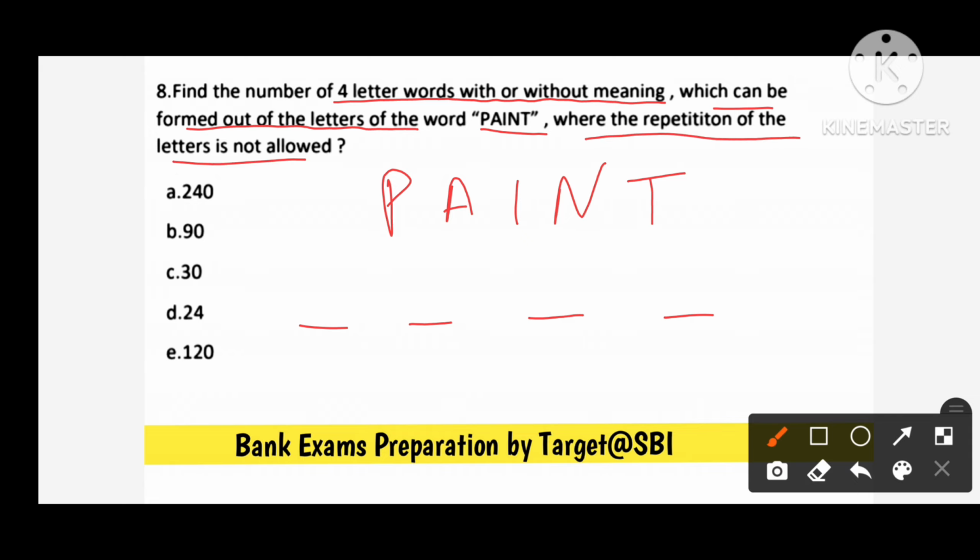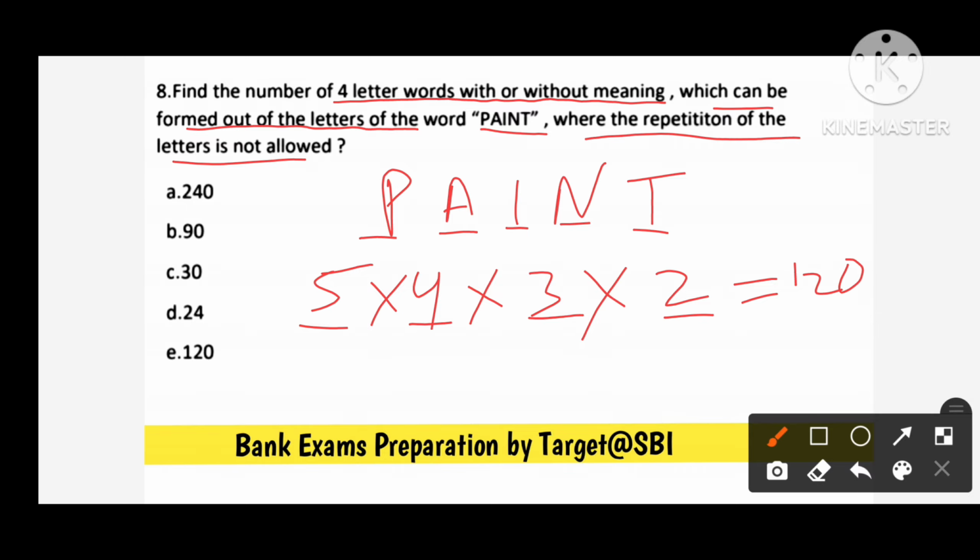So here we have a possibility of any of the 5 letters. Next we have only 4 possibilities. Next only 3 possibilities. Next only 2 possibilities. So the answer will be 5 into 4 into 3 into 2, which is nothing but 120. So the answer will be option E, 120.